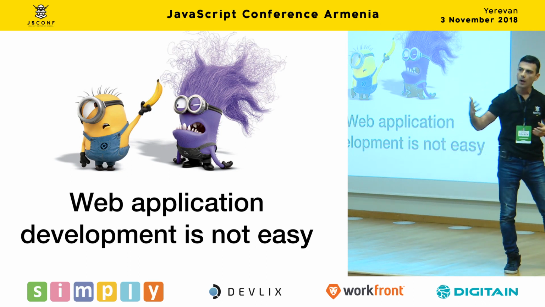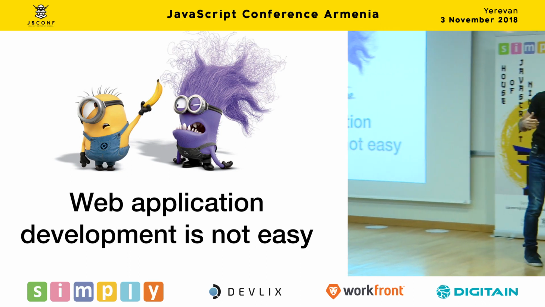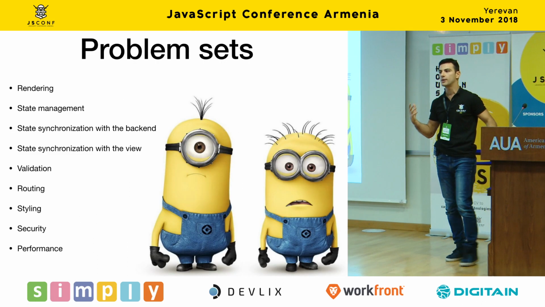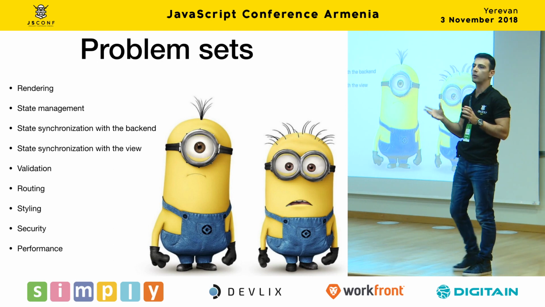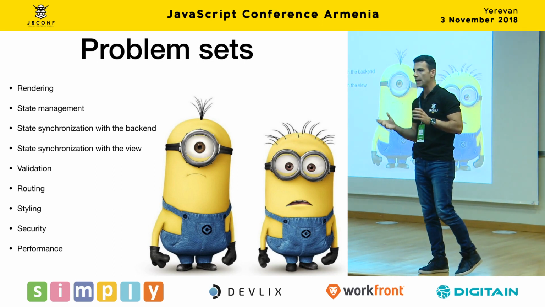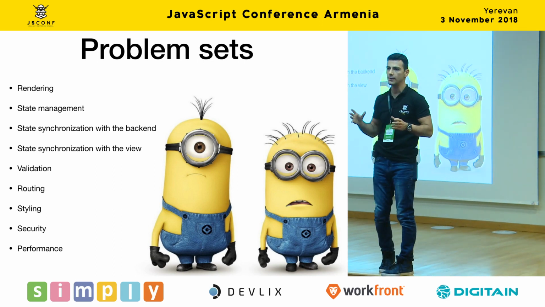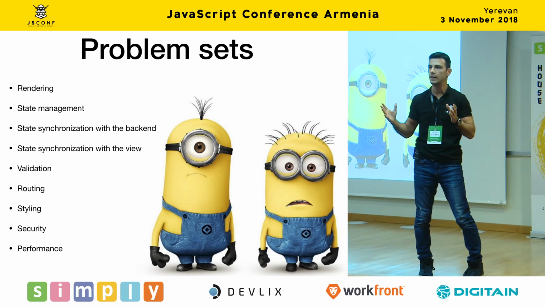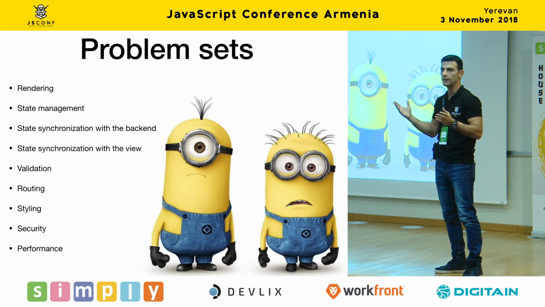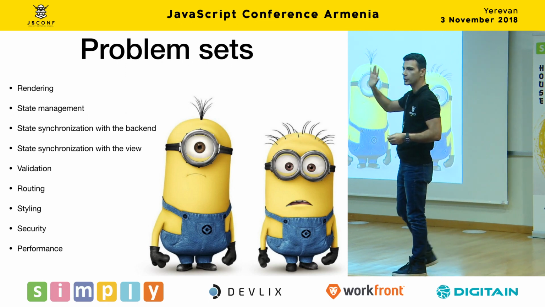Now, after a while, once you begin programming in the web, you begin to notice some patterns. And you begin to realize that the same kinds of problems start to appear. In fact, these problems can be categorized into problem sets, right? So there's a whole set of problems relating to rendering, right? Is how do you actually get pixels up on the screen?